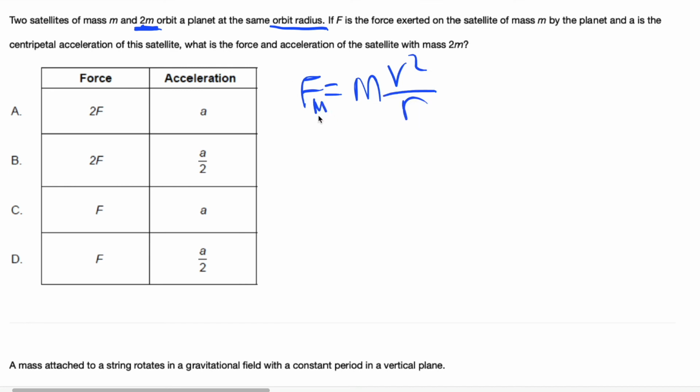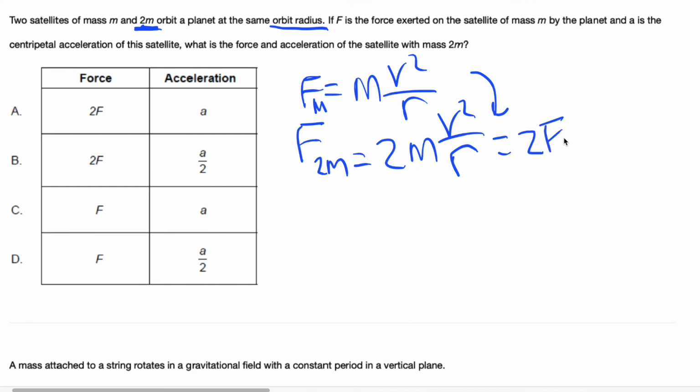For 2m, it is going to be equal to 2 multiplied by m multiplied by v squared over r, right? So your centripetal force is multiplied by 2, so C and D are wrong. And your acceleration is going to remain constant, since this part here remains constant. So A is the correct answer.